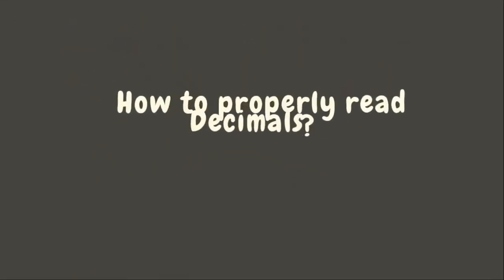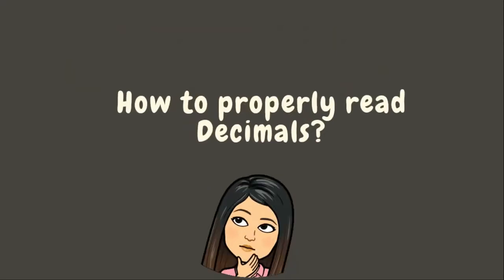Now, how do we properly read decimals? Let's have an example. We usually read this decimal like this: 35.451. But the proper way of reading this decimal is, first, we read the whole number. That is 35.